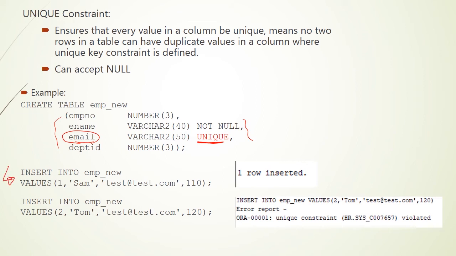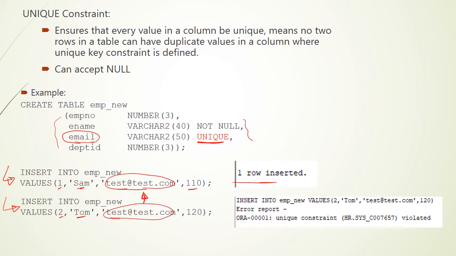So here, if you try to do insert into emp_new values 1, Sam, test@test.com, and the department ID is 110. So this is the email address for this employee. One row is inserted. If you try to insert another record, insert into emp_new values 2, the name of the employee is Tom and the email is test@test.com.